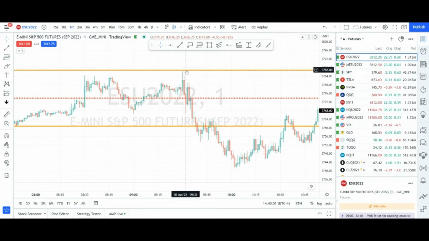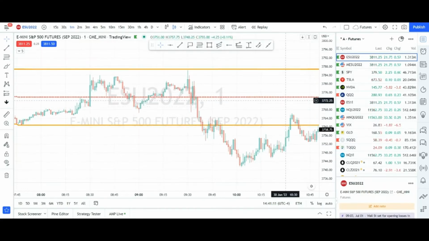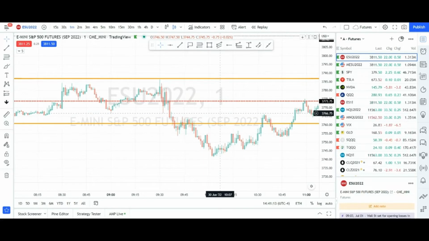It will test pre-market high, and if it breaks, then it will come to test again this pre-market mid level. If the bearish momentum is much higher than the bullish, then the market will retest this pre-market mid level, and then it will come to test pre-market low.